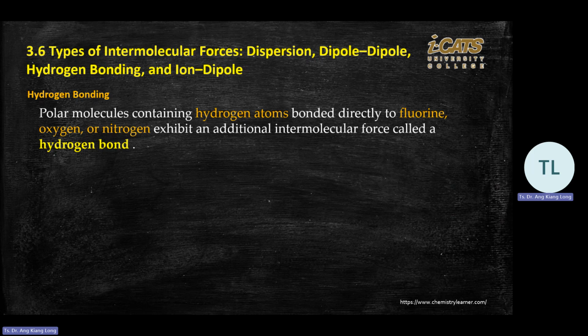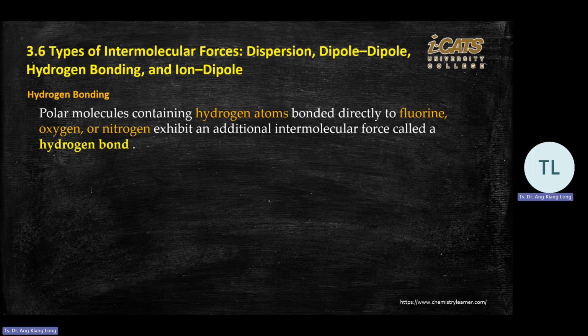So for example, I write something on the whiteboard here, A2A3H4O6, for example. A means any element. If you see there's a hydrogen inside, then you may have hydrogen bonding.